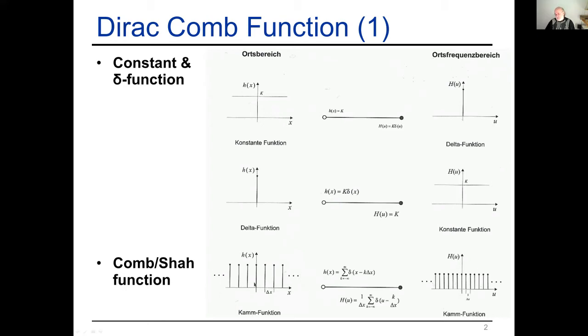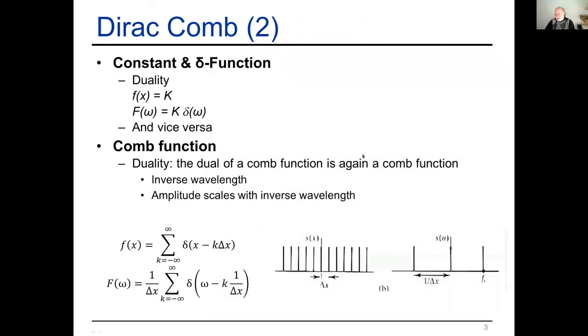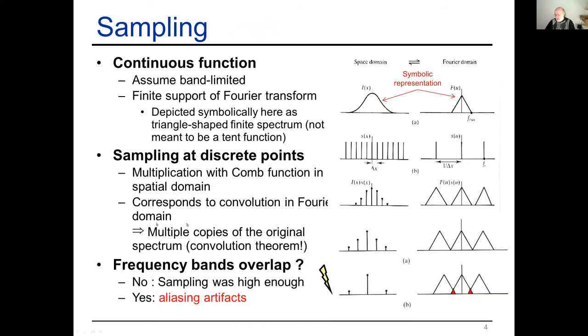If we move things closer together on the image side, then the spacing is further apart in the Fourier space, in the frequency space. Again, we don't do the math here to show that this is actually true, but we'll just use it. So there's this duality that I just indicated. Essentially, this just repeats what I was just saying.